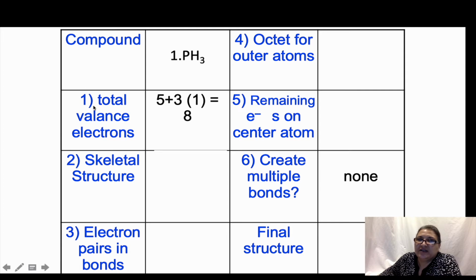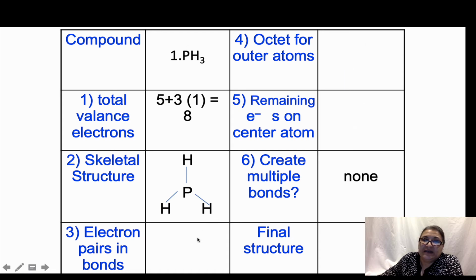Hydrogen is in the first column, 1A, but we have 3 of them, so we multiply by 3, and we have 8. Second step is to draw the skeletal structure. All that means is put phosphorus in the middle and connect it to 3 hydrogens.